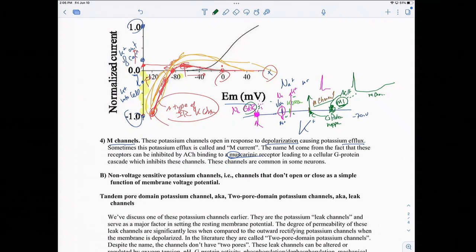Well, if that's the case, and I have simultaneous input into this neuron, both glutamate and acetylcholine at the same time, that acetylcholine is going to shut down the M potassium channels because of second messenger systems and G proteins and such.